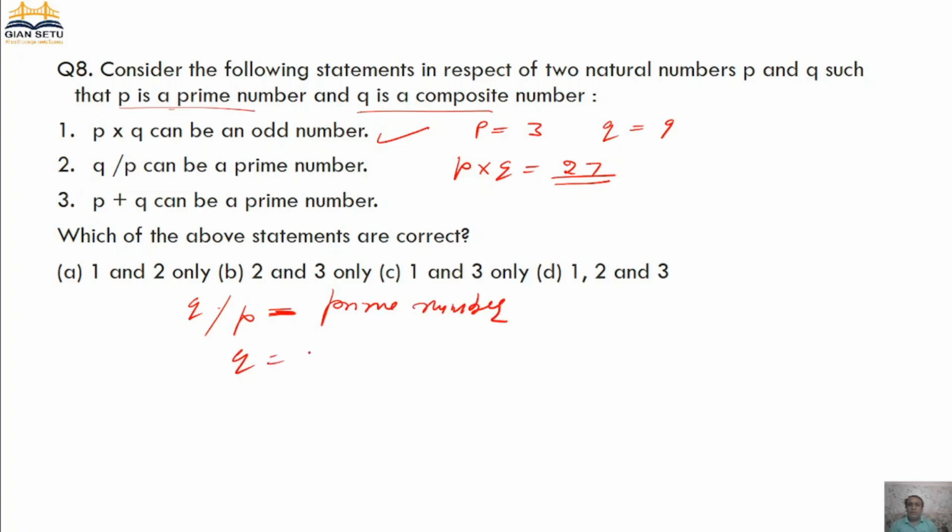Suppose Q is equal to 6, which is a composite number, and P is equal to 3, which is a prime number. Now Q divided by P will give 6 divided by 3 is equal to 2, and 2 is a prime number, right? So statement 2 is also correct.